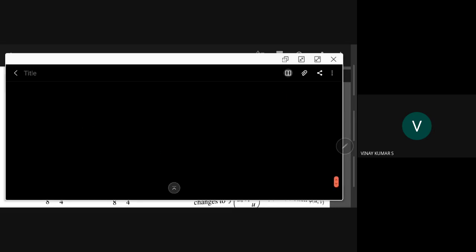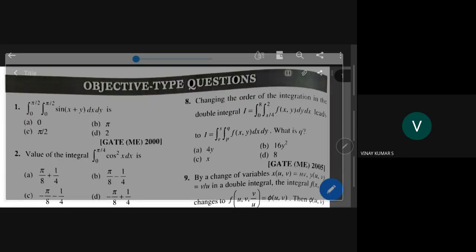What is the integration? Luckily both are the same numbers here.